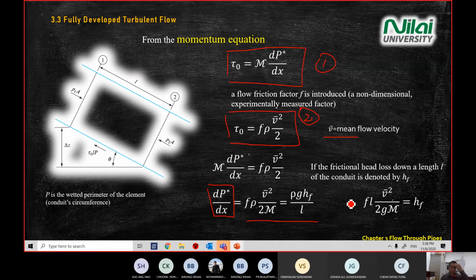So we link up with our other definition for the friction head loss, HF equals FL V squared divided by 2gM. Again, this one is the third equation, a new equation that you learn on these slides. You substitute in, you get the dP divided by dX.